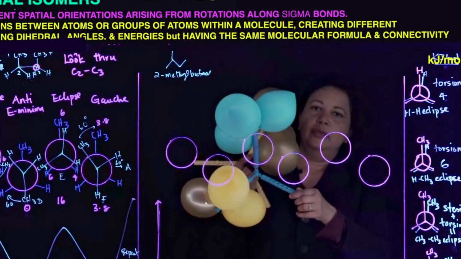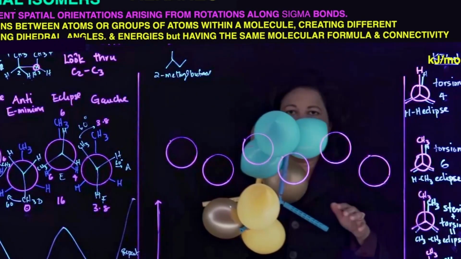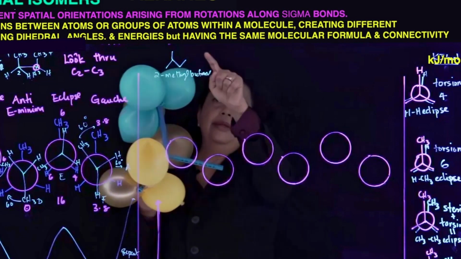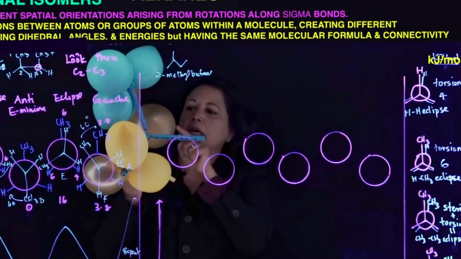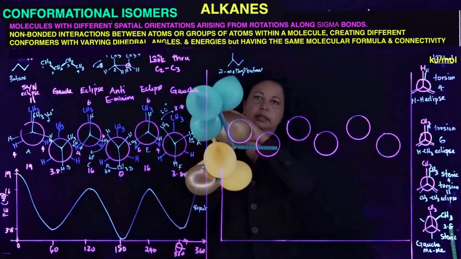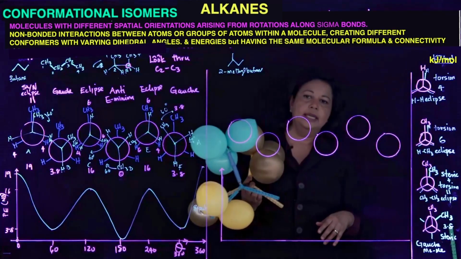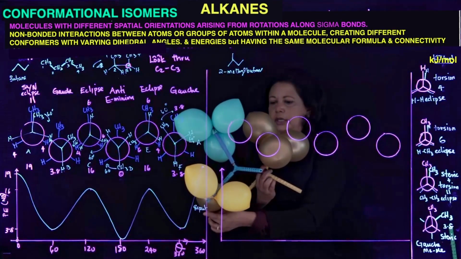So here, let's rotate the back carbon this time. So this is carbon 1, 2, 2's got a methyl, carbon 3, and then carbon 4 is this brownish color or gold balloons at the back. So let's do a back rotation, and here it is.